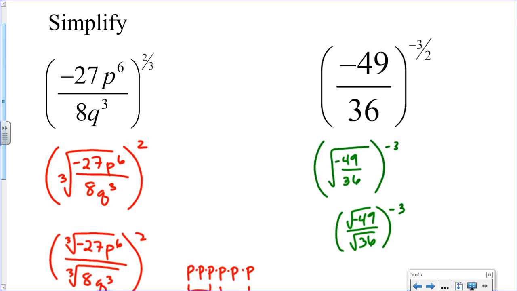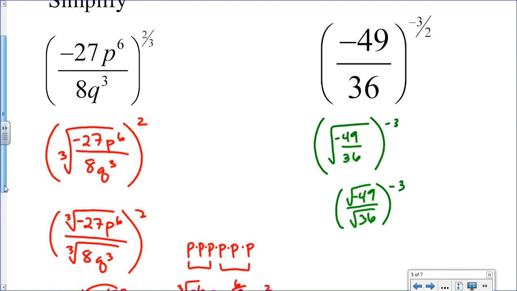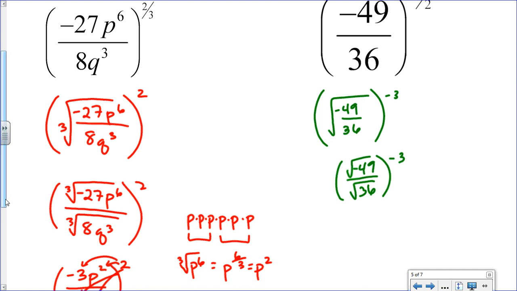Technically, the answer is 7i, but we're not doing imaginary numbers. So if you have an even root, like a 2, a 4, a 6, and a negative number inside, then that's going to give you an imaginary number. So we're not dealing with imaginary, so you can stop and say that it's not real, or you could write unreal.